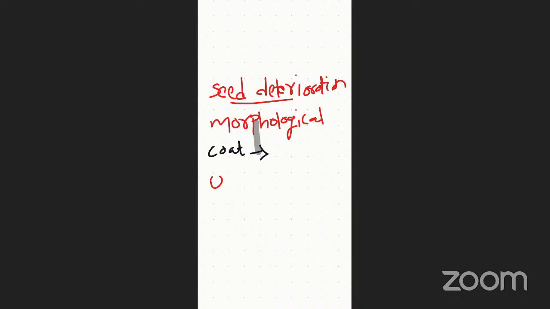For example, this is the seed and this is the seed coat. The seed coat is made up of a number of cells. If we take one cell, the cell is covered by the cell wall. After the cell wall, the next layer is the plasma membrane or plasma lemma.